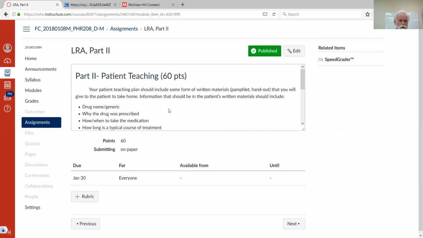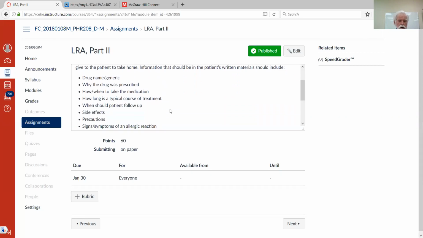And one of the things you'll find is the grading rubric. So you'll see exactly what we're looking for in the presentation. But the description here, again: generic name, drug name, why it was prescribed, how and when are you to take it? What's the schedule?